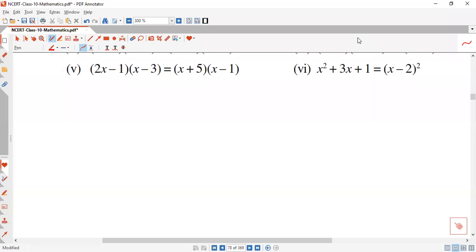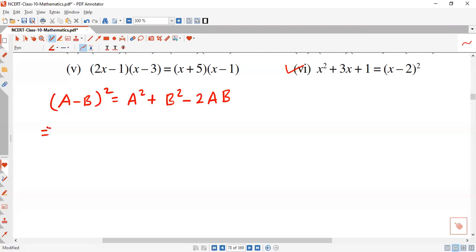Now we want to again find out whether it is a quadratic equation or not for this part number 6. You see what the equation says, x square plus 3x plus 1, and this side x minus 2 whole square. So you know the formula, a minus b whole square equal to what? A square plus b square minus 2ab, 2 into a into b.